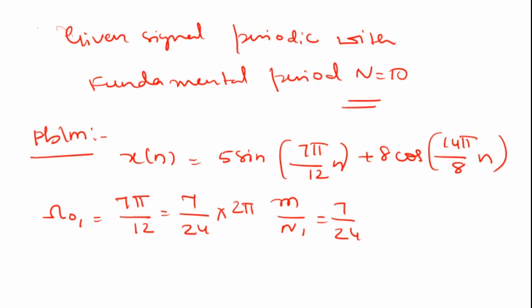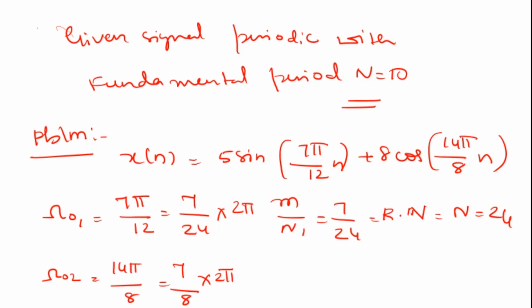Similarly, ohm naught 2 is equal to 14 pi by 8, which is equal to 7 by 8 into 2 pi, or m by n2 is equal to 7 by 8, which is a rational number and it is periodic with period n2 is equal to 8.